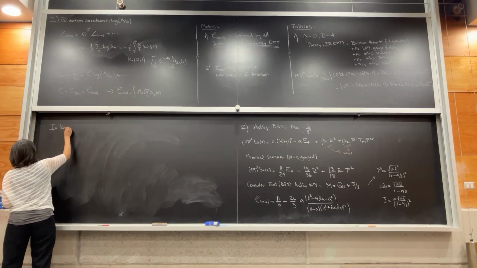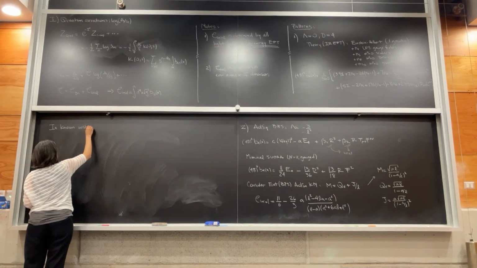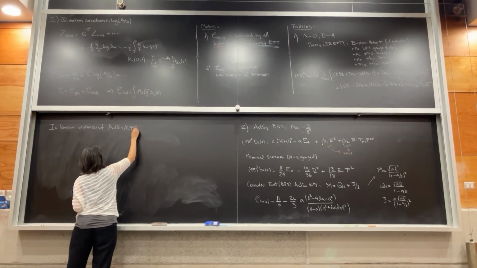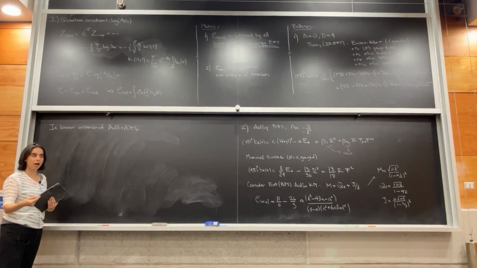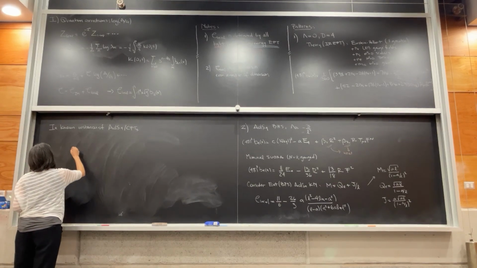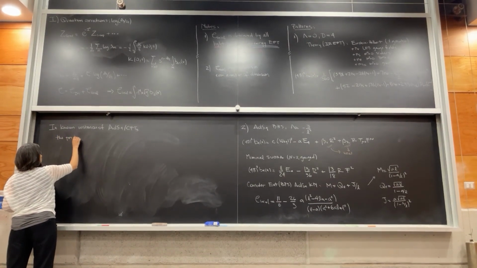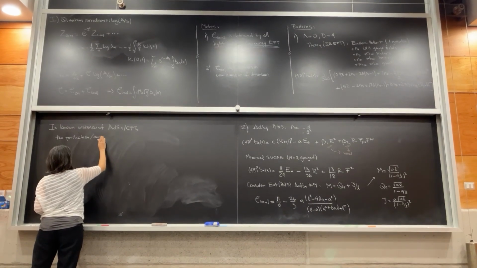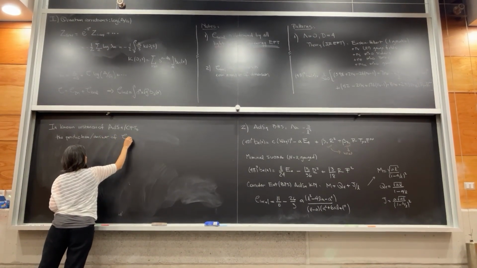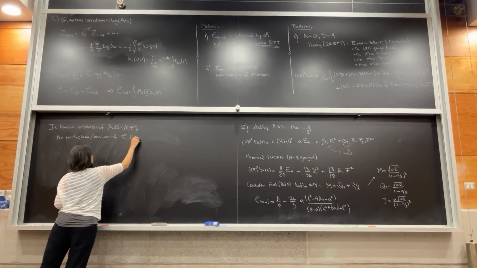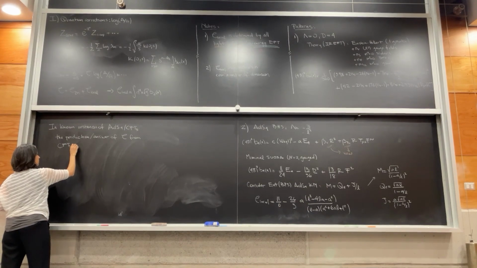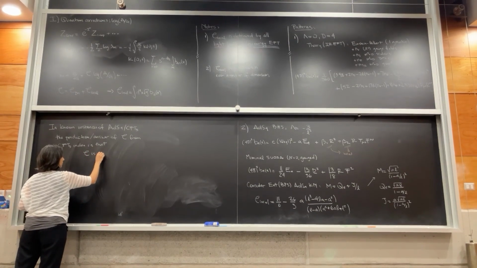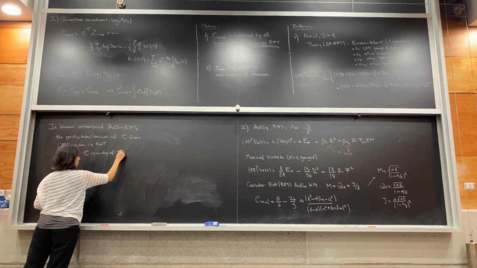So in known instances of AdS4/CFT3, so basically cases where we know which conformal field theory is dual to some supergravity, the prediction, or well, basically the answer of the C from the CFT3 index is that basically C is independent of black hole parameters.